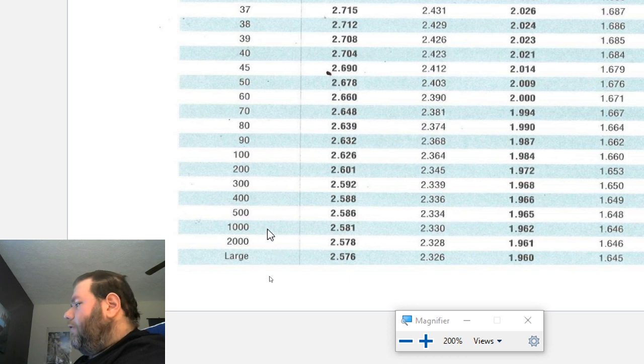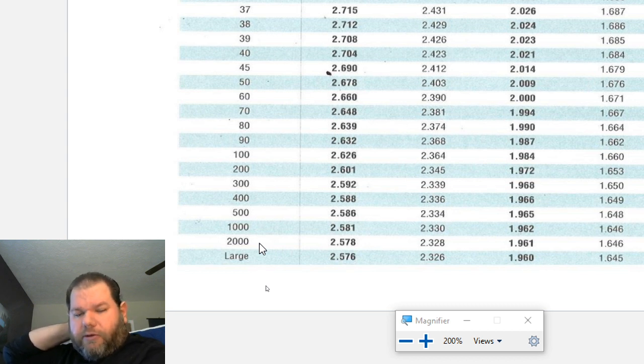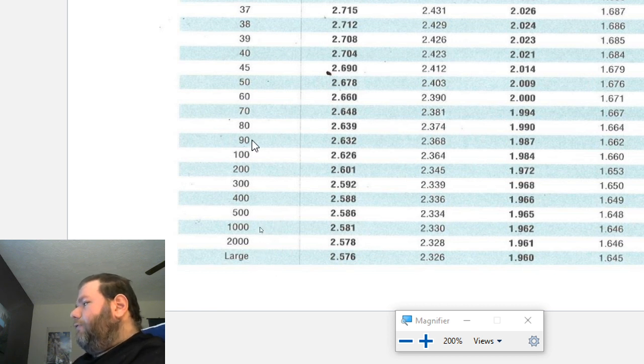What do you think we ought to use for our degrees of freedom, since 1005 is not specifically listed? 1000, exactly, since it's the closest value to the one that we have. Yeah, and that's what they really intend.